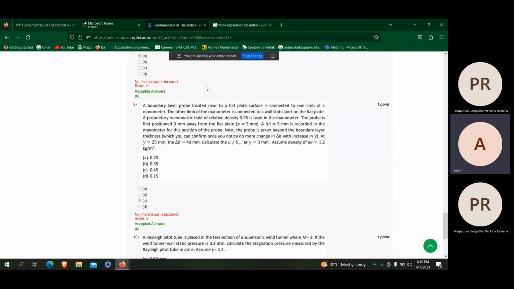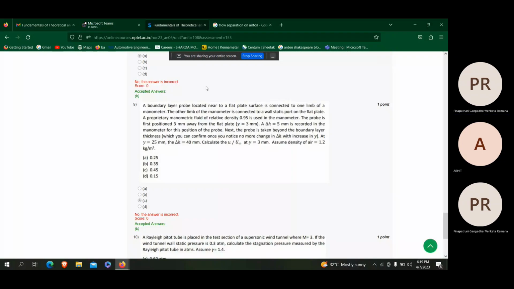Next, the probe is taken beyond the boundary layer thickness. Once you notice no more changes in delta H, at that Y, delta H equals 40 mm. Calculate U by U infinity at y equals 3 mm. Assume the density of air equals 1.22 kg per meter cube.